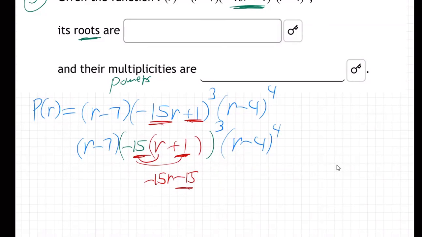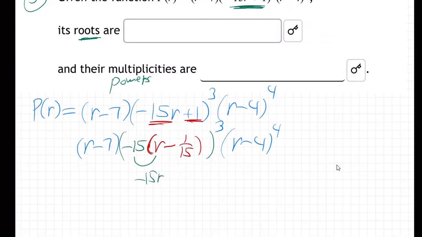We've got to change that 1. What does that 1 have to be? Do you see it now? Everybody see what I need to put there? Minus 1/15. How did I come up with that? Well, because that simply works. Watch. Minus 15 times R is what?